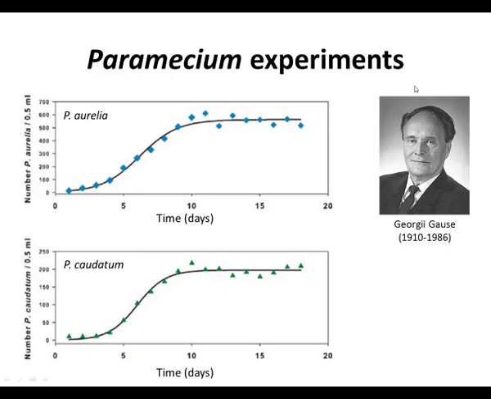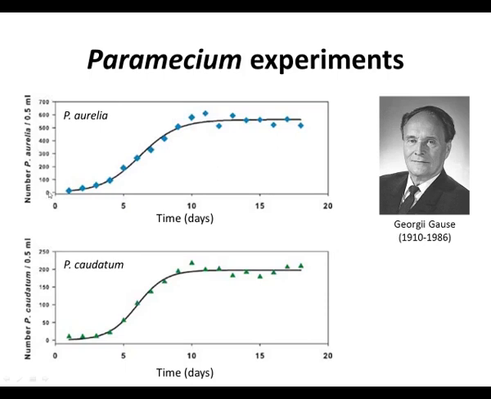First, he had pure cultures of Paramecium. So now we are dealing with two species, Paramecium aurelia and Paramecium caudatum. And if you just focus on Paramecium aurelia, so this is what happened in the pure culture, a single species culture, time of the day, and this is the number of Paramecia.